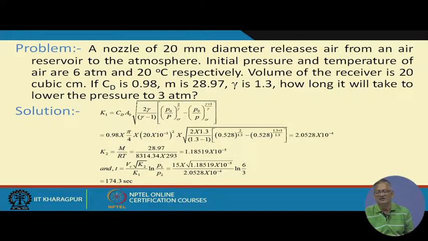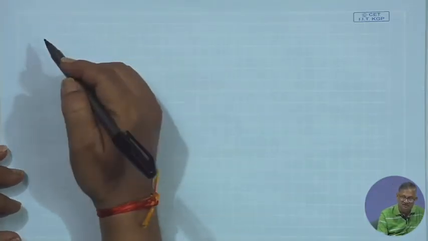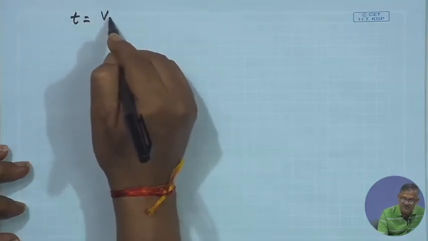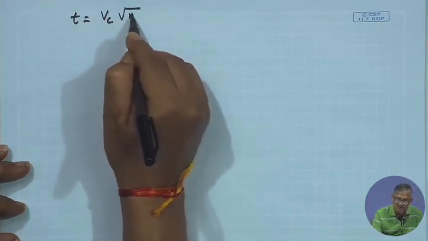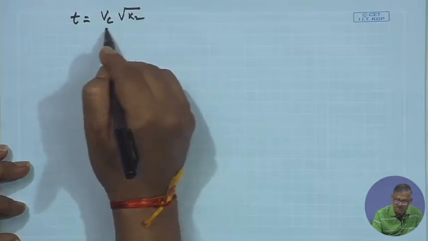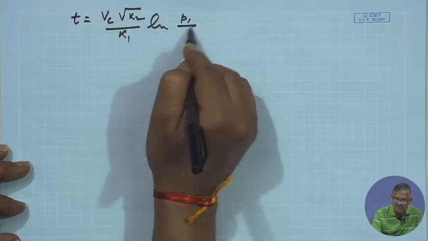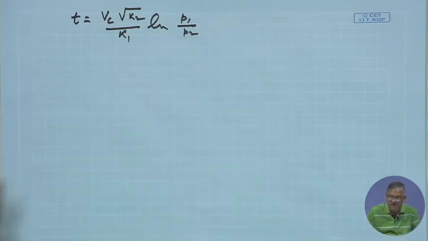Now, this we can solve very easily, because we have seen in the previous class that the relation was T is equal to Vc under root K2 over K1 ln of P1 by P2, right. P1 is the initial and P2 is the final.